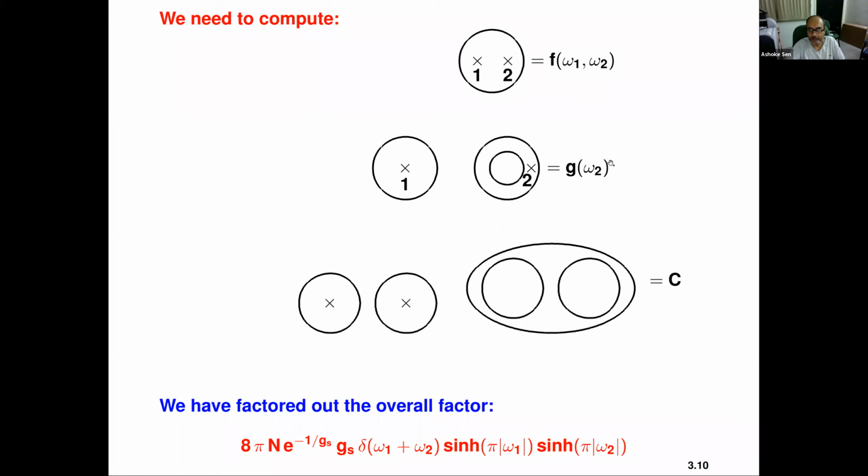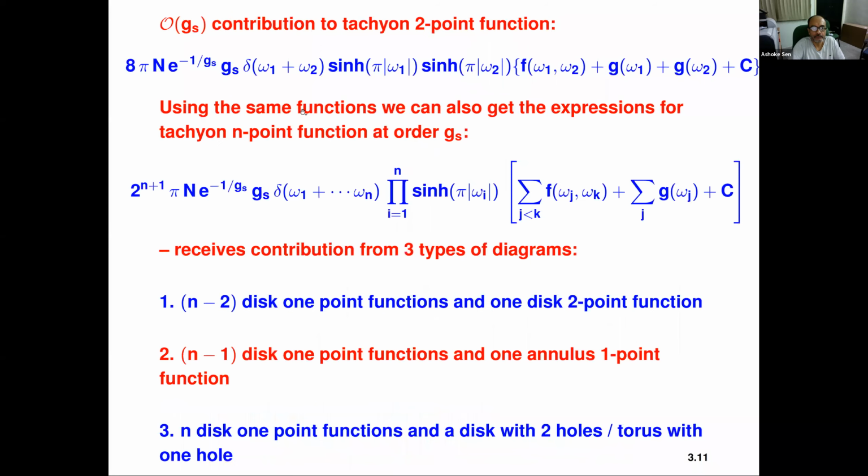So I'm going to now write down the full tachyon 2-point function, full meaning to this order, order G string contribution, in terms of these functions. And here it is. So this is the overall factor. And then you see that this is a disk 2-point function.